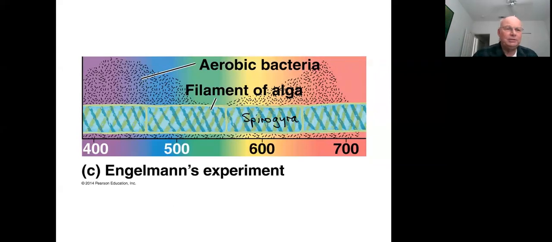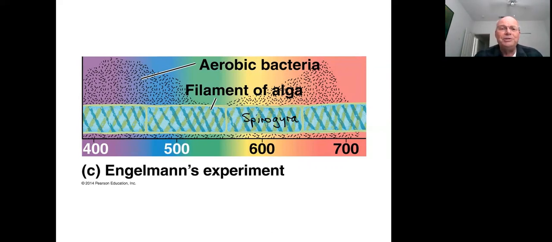And he named this revitalizing factor oxygen, not knowing that it was actually an element. And he discovered that it was produced by plants in light. So he had discovered oxygen as a byproduct of photosynthesis without even knowing that that's what he was doing.